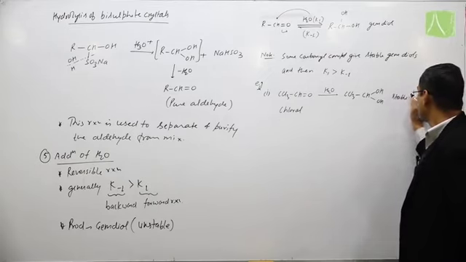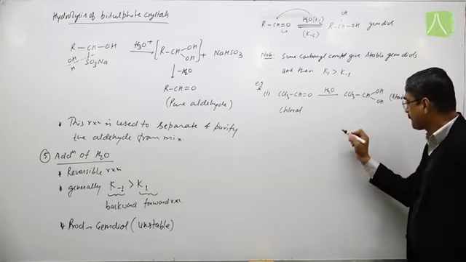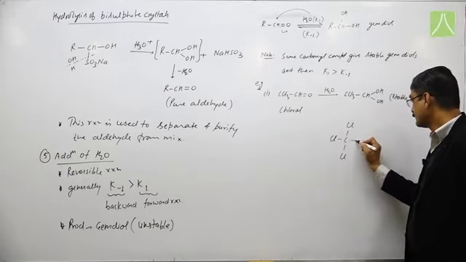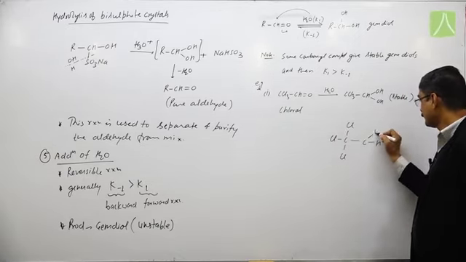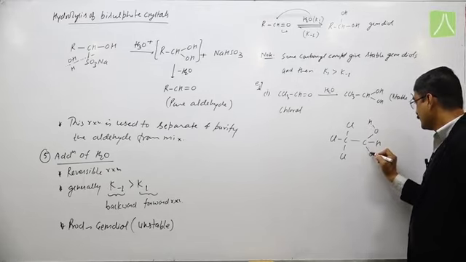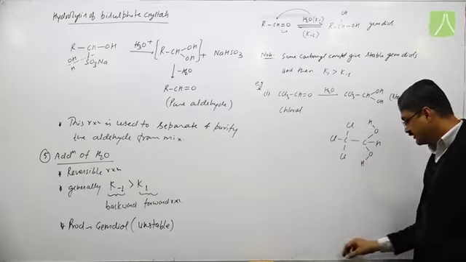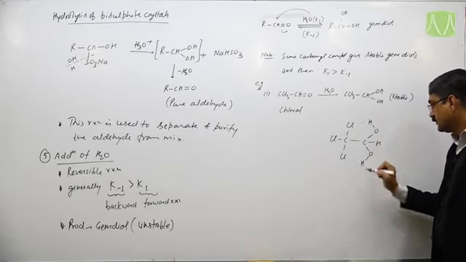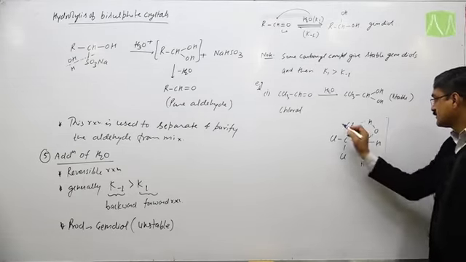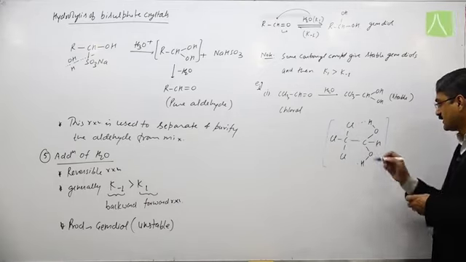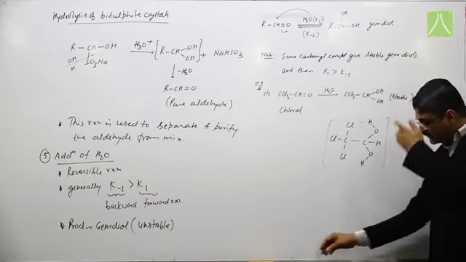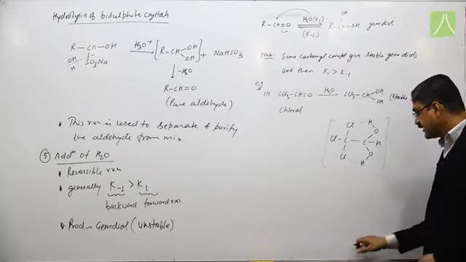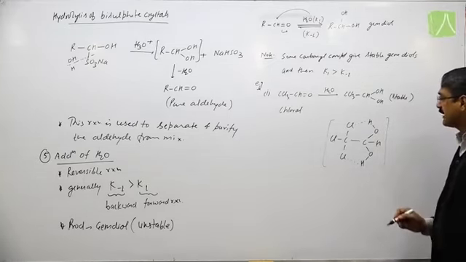This molecule is stable because of hydrogen bonding. I write the structure in this way. This is the hydrogen bonding case, a butterfly-like structure, stabilized by intramolecular hydrogen bonding. So it is highly stable, and the rate of the forward reaction is greater than the rate of the backward reaction.